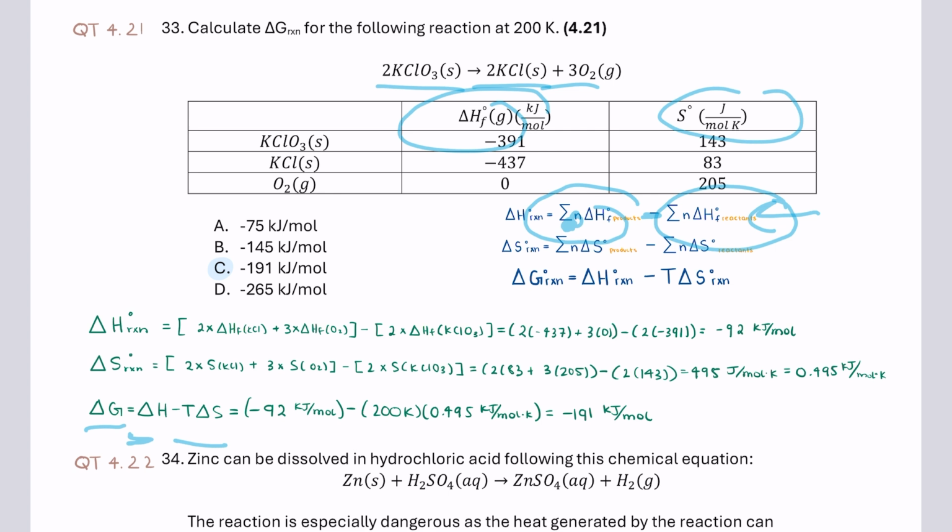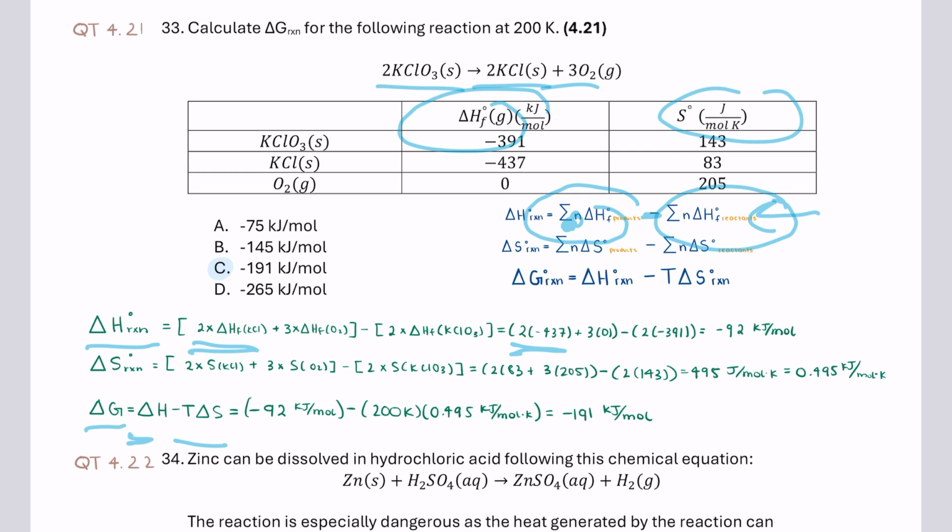So looking at the products first, we have 2 moles of potassium chloride. Its standard enthalpy of formation is negative 437 kilojoules per mole. So 2 times negative 437 gives us negative 874 kilojoules.